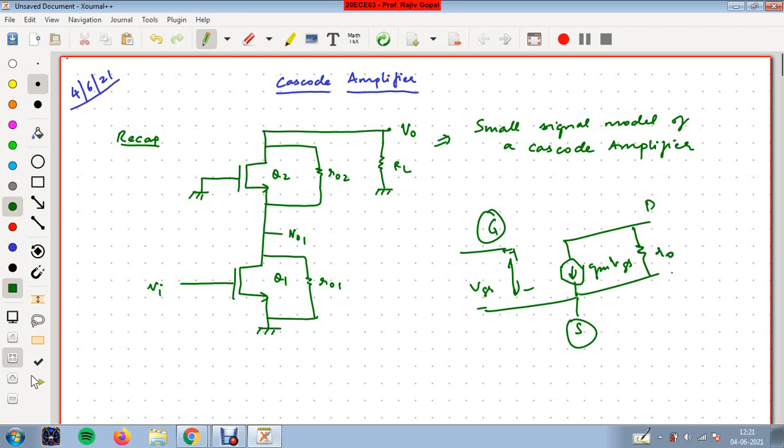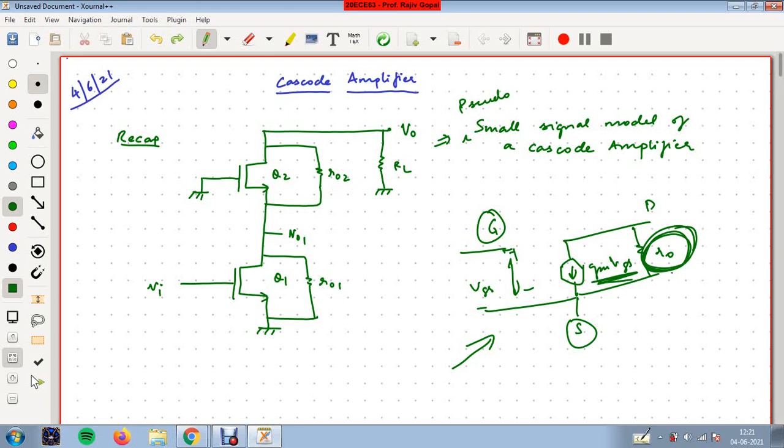So you can say this is a pseudo small signal model. I'm not entirely representing the MOSFET in terms of this. I'm keeping the MOSFET symbol as it is, but representing the R0, which I require. gm VGS is not so much required here when you consider the analysis. R0 is required, so I'm only mentioning R0 here. So that is what R02 and R01 are.